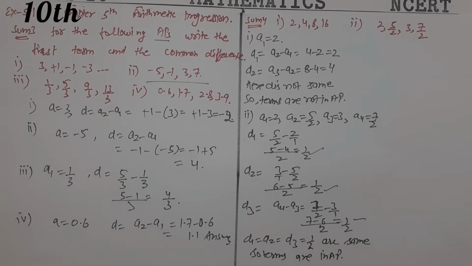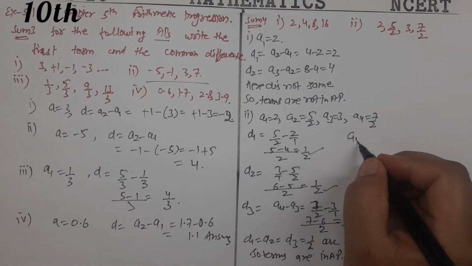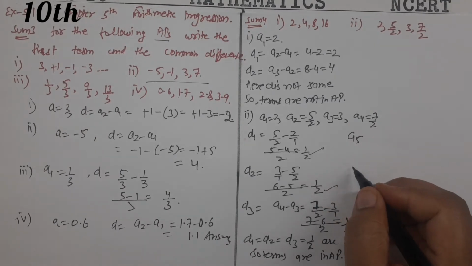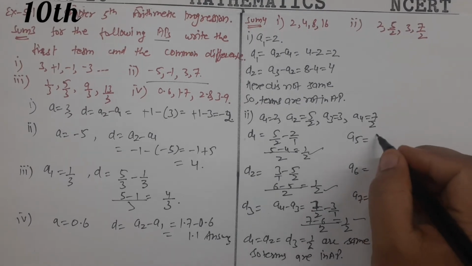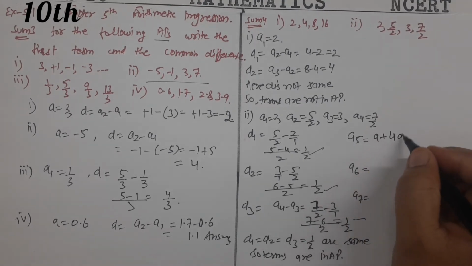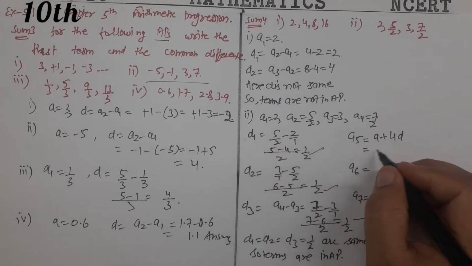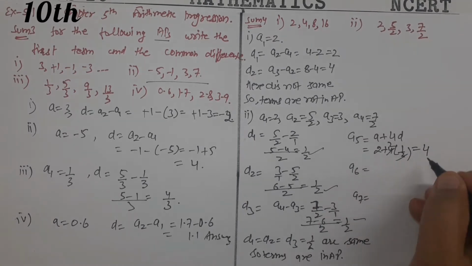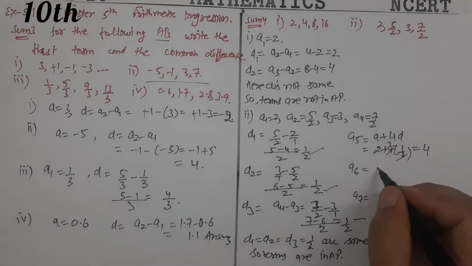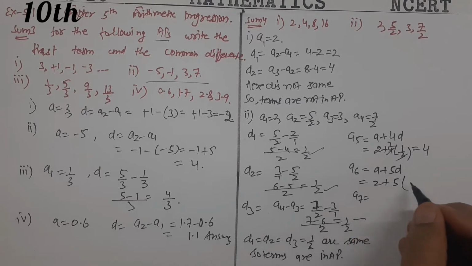If in AP, then we have to find 3 more terms, that is a5, a6, a7. a5 we can write as a plus 4d. a is 2, plus 4 into 1 by 2, makes 4. a6 is a plus 5d, put the values.